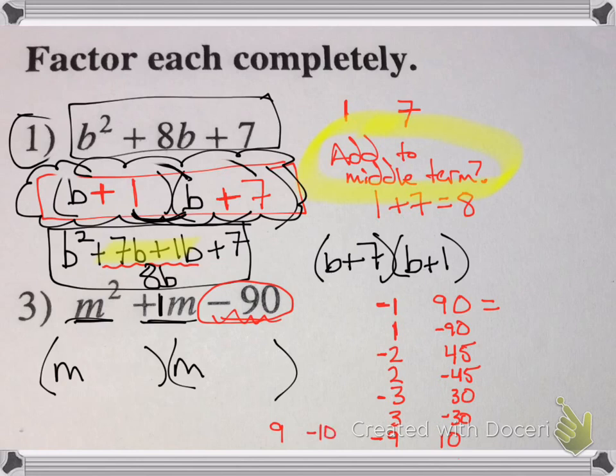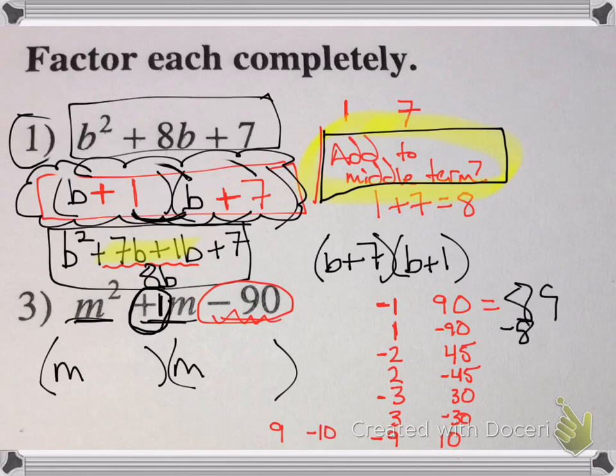Okay, let's stop. We've done a lot of factors. We just want to see which of these pairs adds up to give us the middle term. Okay, so we're just going to add all these, and we're going to see which of those added gives us positive 1.